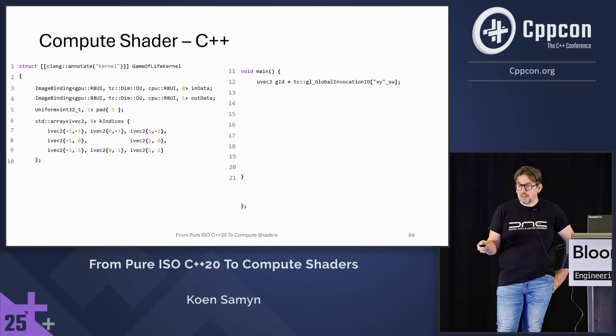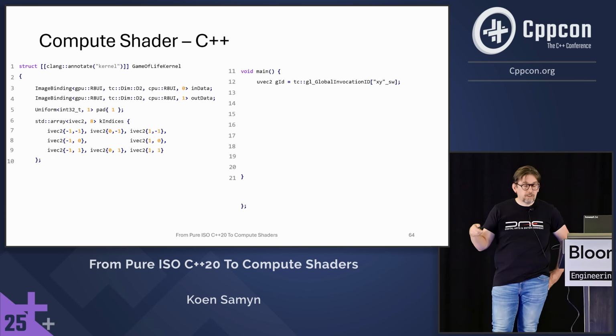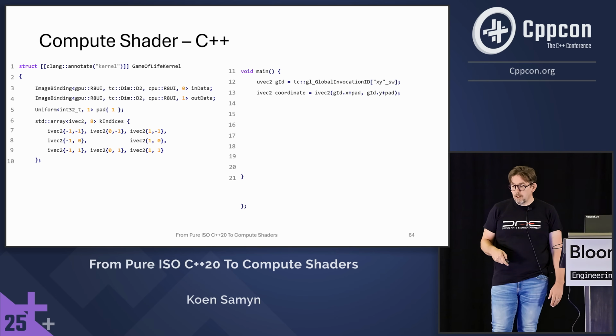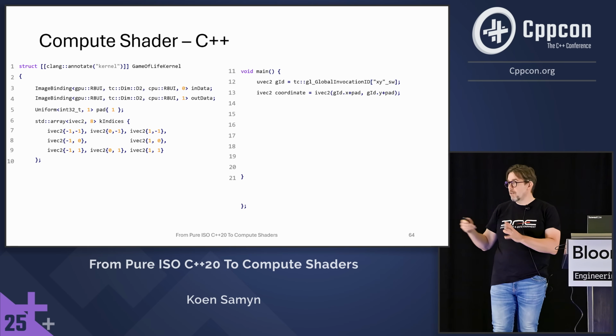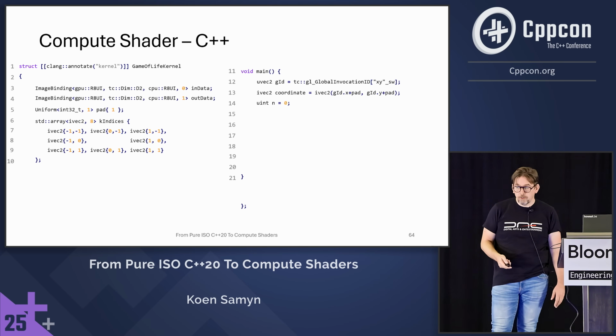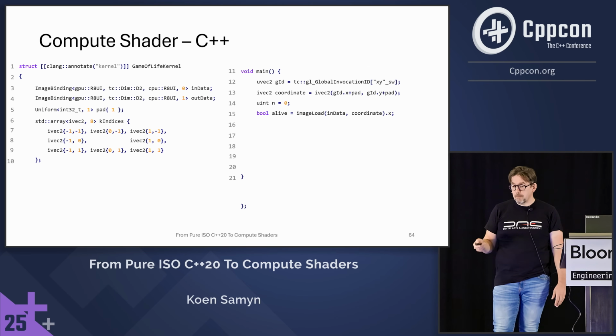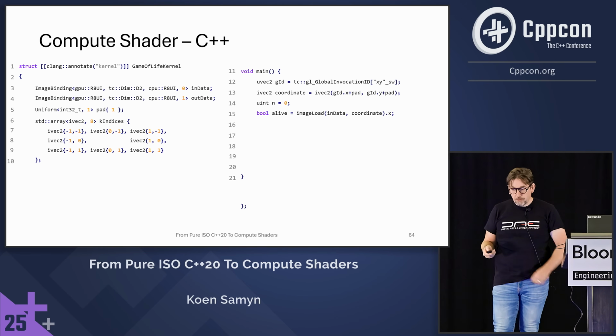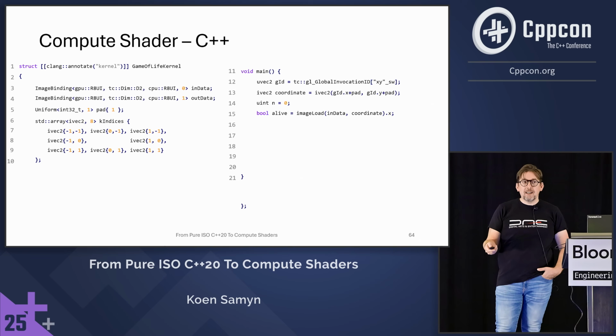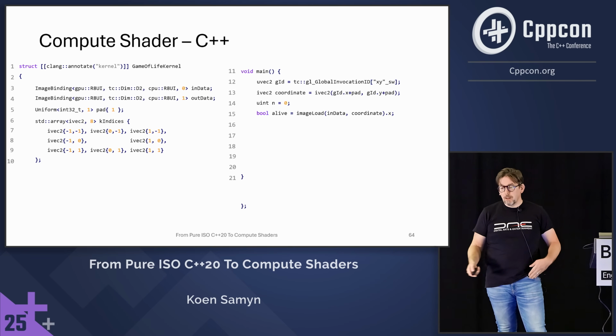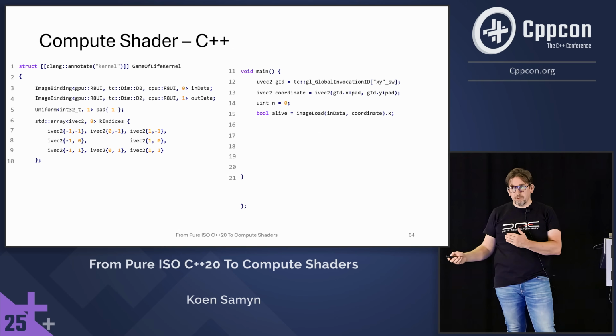So you have a uvec2, which is the coordinate that you have to do work on. I'm adding the padding. Remember that border that I put around the world. And I'm going to count the neighbors. Also, something that was nice to see in Clang, this is an implicit conversion, right?